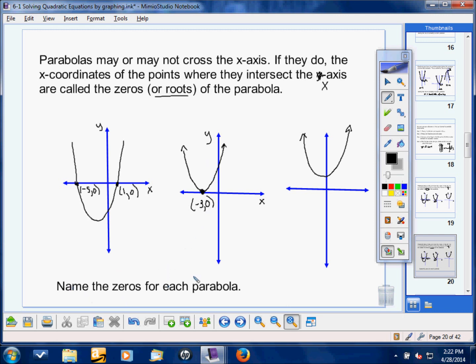So we want to name the zeros for each parabola. You may see the term zeros, but you're more likely to see the term roots. So the zeros of this parabola are blank or blank.